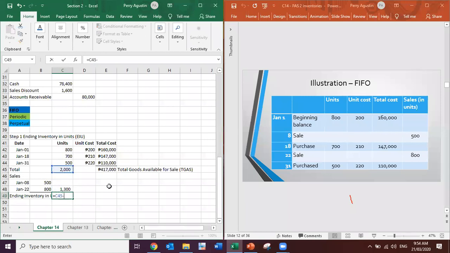So that would be 2,000 minus 1,300. So therefore we have 700 units left. Okay, so our EIU. Did everyone get that? Raise your hands. There you go. So let me just check that once again.